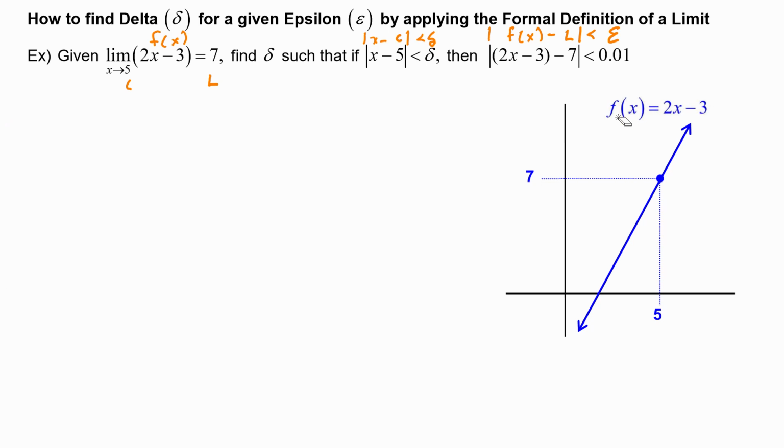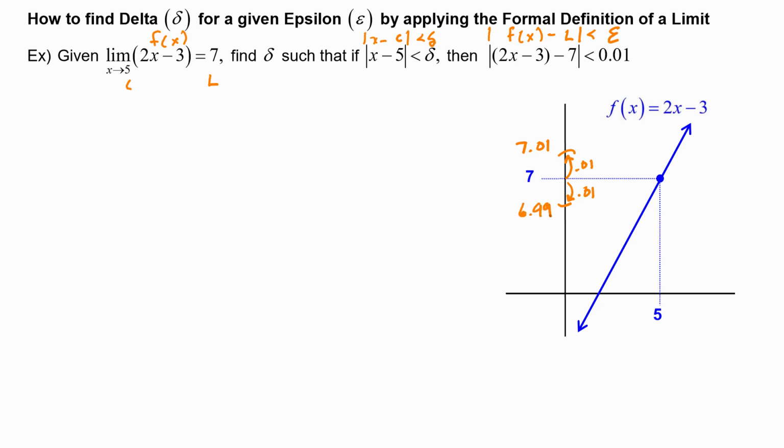So now you can see the pieces of the definition. Now, if we translate this to our diagram here, we know that epsilon is 0.01. So that means if we go up and down by epsilon, which is 0.01 in either direction, then this y value right here is 7.01. This y value here is 6.99.